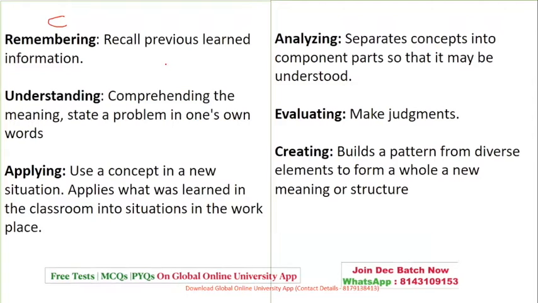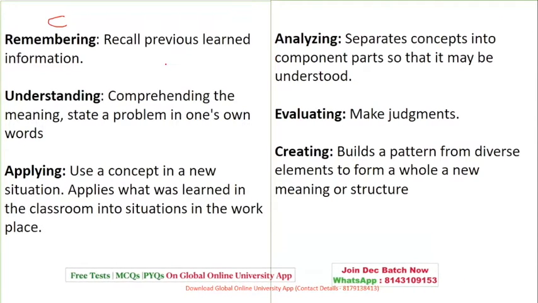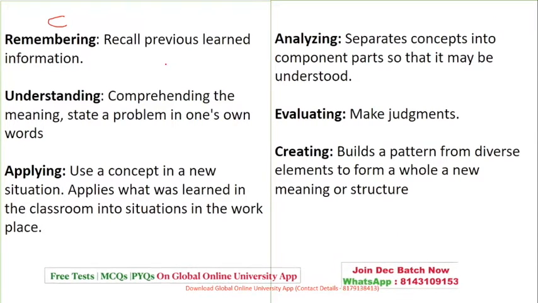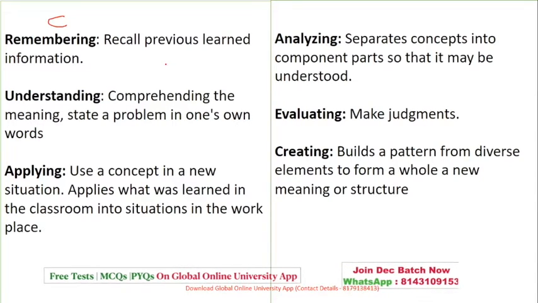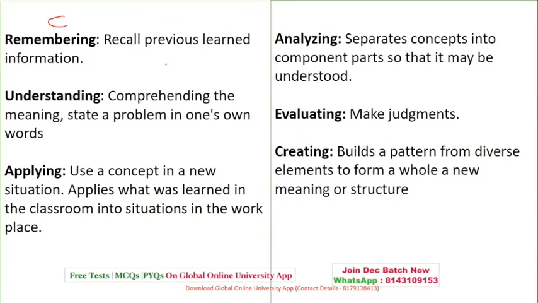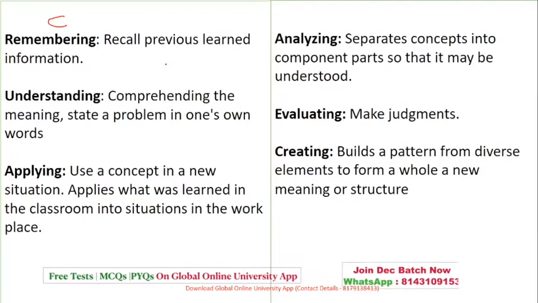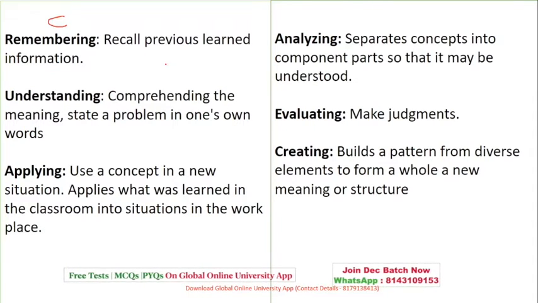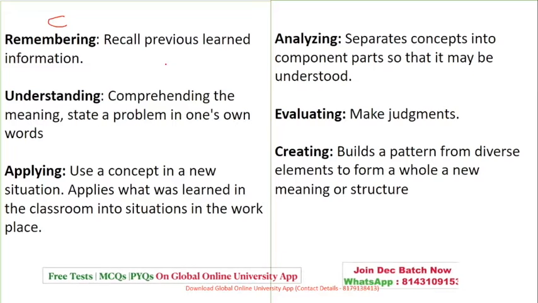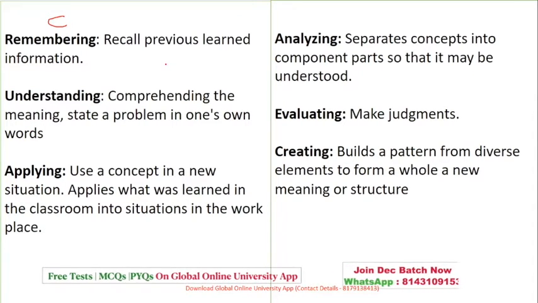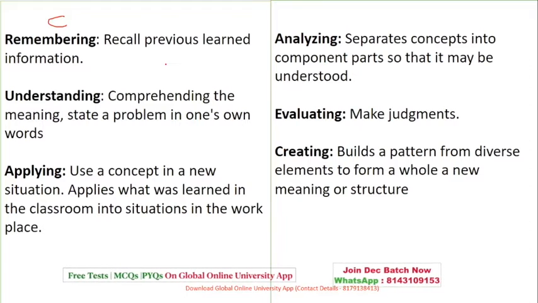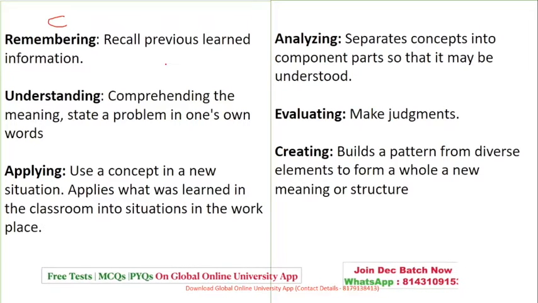Applying means applying what is learned in the classroom in various situations at the workplace. Analyzing separates the concepts into components in order to understand. Evaluating is to make a judgment. Creating is to build a pattern from diverse elements. This is basically about cognitive.